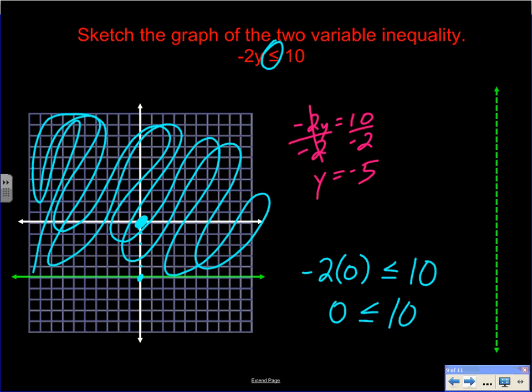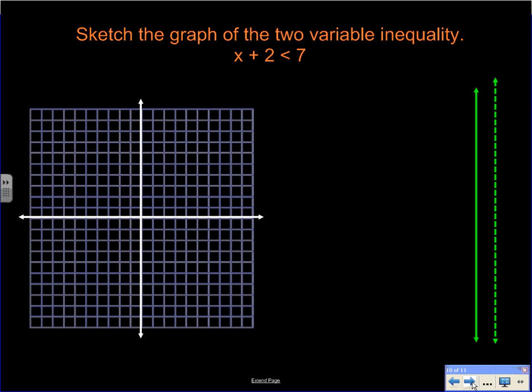Key point here, you had to pay attention to it being a two variable inequality and graphing it on a coordinate plane like this. Sometimes these inequalities look like they have one variable in them, but 0 times x eliminates that x variable. Let's see, you go ahead and graph this one here.